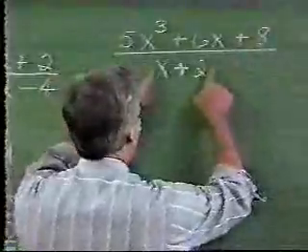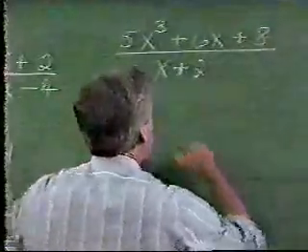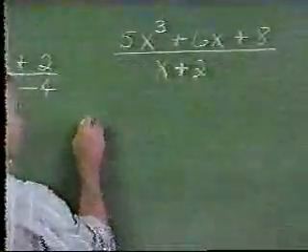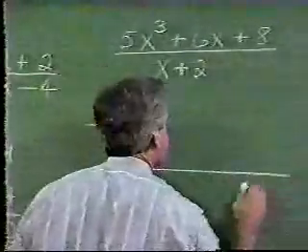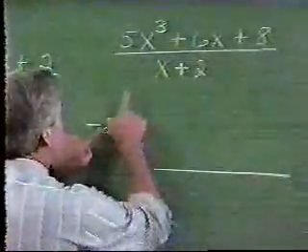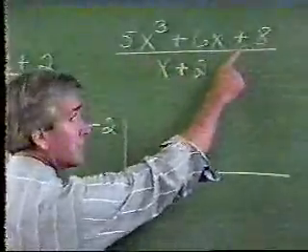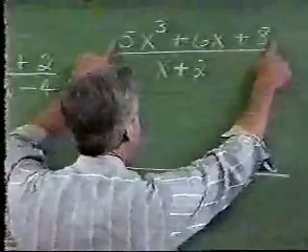In dividing by x plus 2, as a polynomial, synthetically, we divide by negative 2. And we're dividing negative 2 into the coefficients and the constant involved in this numerator polynomial.